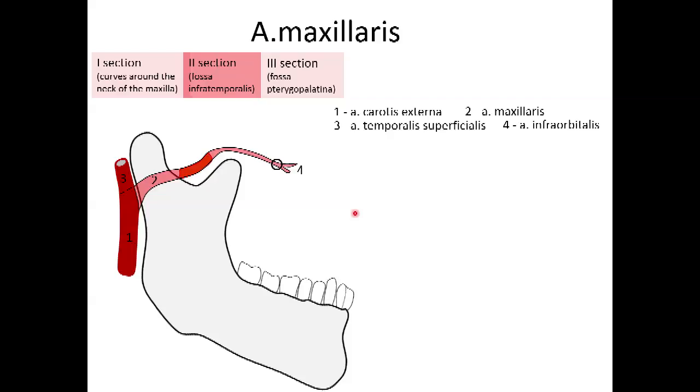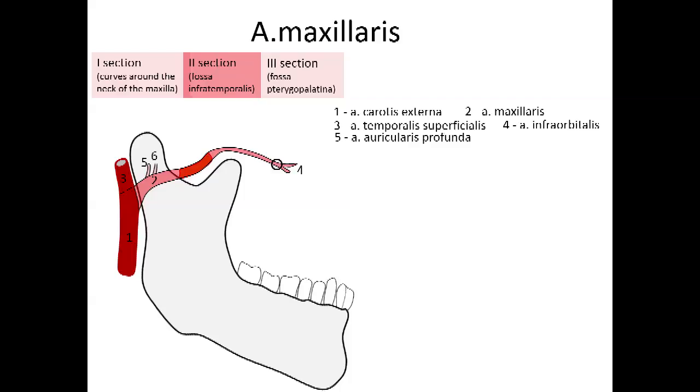And then the next vessel in the first section is number 5. What is it? Number 5 is arteria auricularis profunda, which passes inside to the temporal bone.